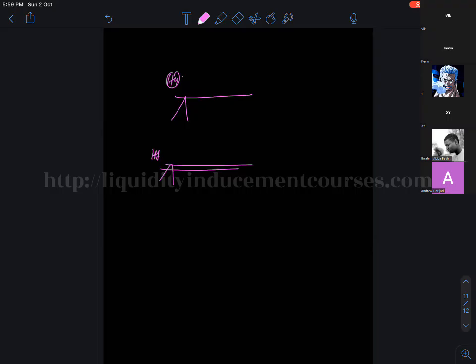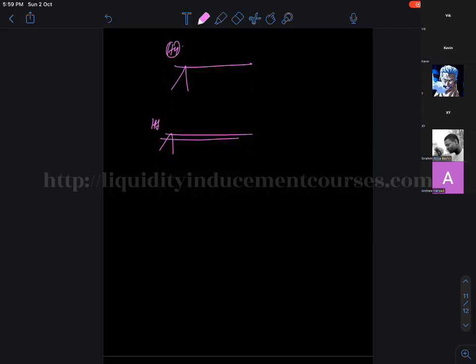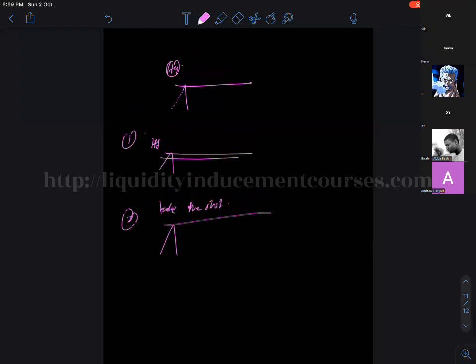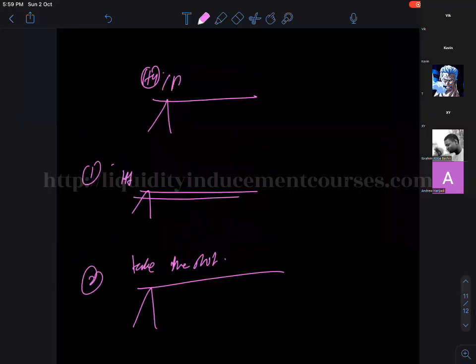But if you open on the H1 scenario 1, and scenario 2, you see the level, it's perfect. Just take the shot. Okay, and this one applies on H4 and daily. And so H1 and H4, same thing.